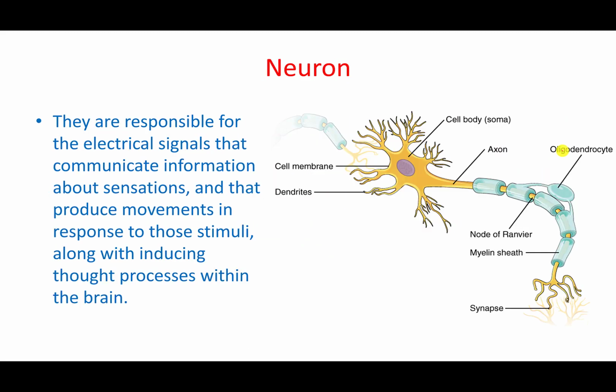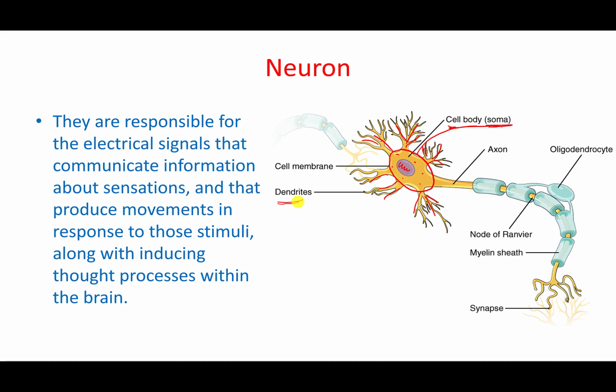Let's start with the neuron and let's see the structure of the neurons. Here we have the cell body, or sometimes they call it the soma. It contains the nucleus and other organelles. From the body there are these extensions. These extensions are called dendrites.